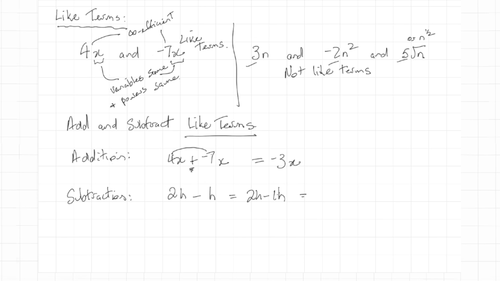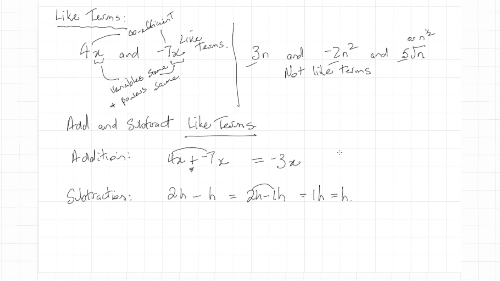We've got 2h minus 1h. We do the mathematics on the coefficients. 2 minus 1 is 1, and then we just put the h. And we don't tend to write 1h, just as we didn't there, so that's just equal to the variable h. That's just with one variable.